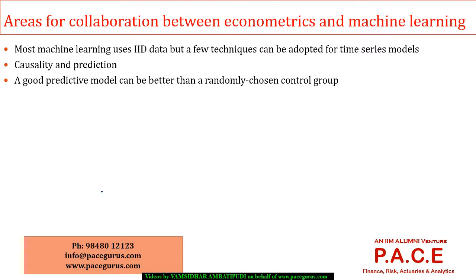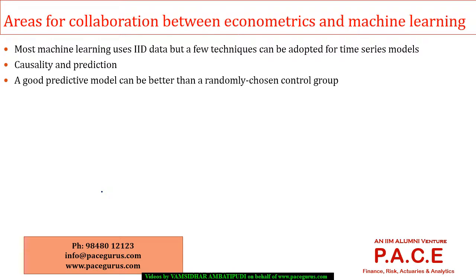Even if the data of today is linked with the data of yesterday and the day before, where the observations are really not independent but have a lot of dependency on previous observations, as in time series data, there are a good number of machine learning algorithms that deal with both IID as well as non-IID data.